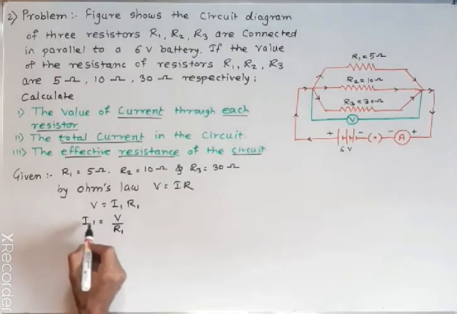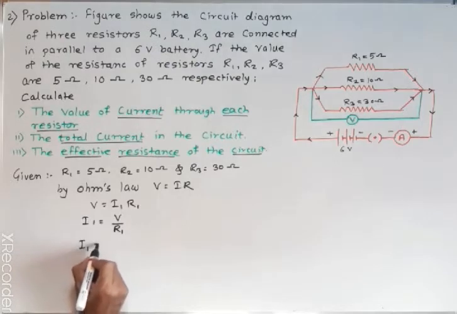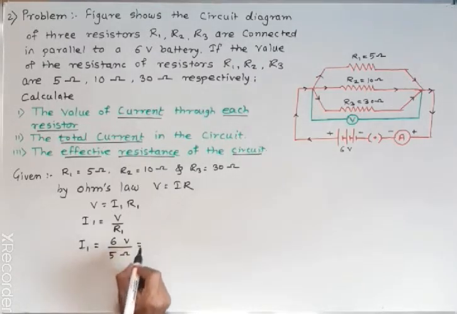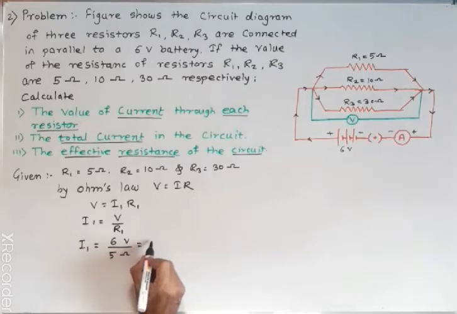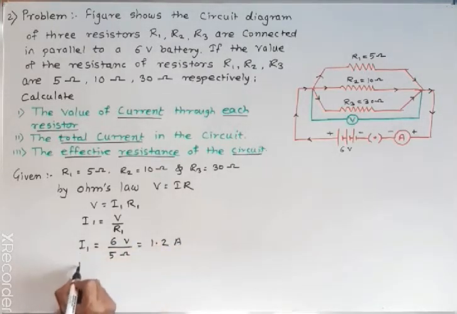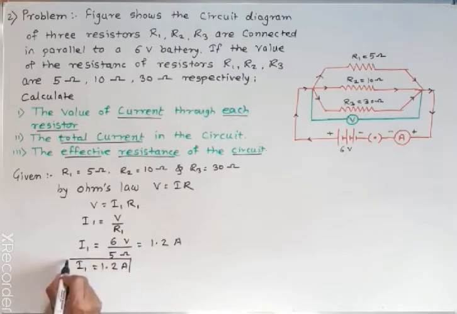Putting the value of V and R1, that is 6 volt upon 5 ohm, you will get current I1 is equal to 1.2 ampere. This is the value of the current which is flowing through R1.